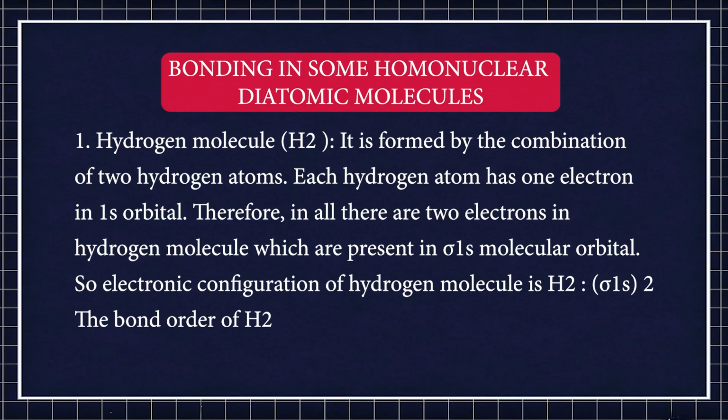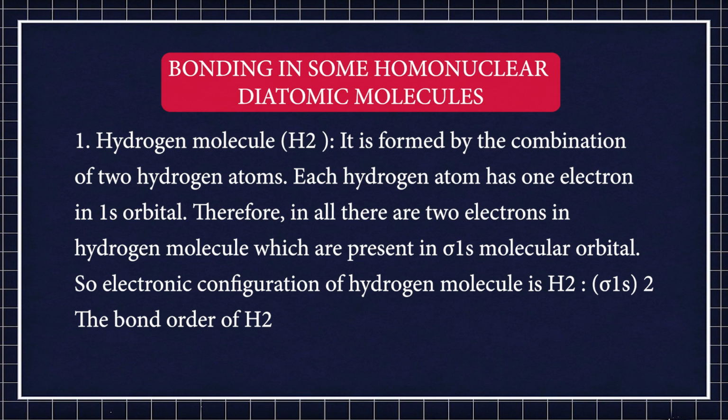Now let us come to bonding in some homonuclear diatomic molecules. In this section, we shall discuss bonding in some homonuclear diatomic molecules like H2, He2 and O2. Hydrogen molecule. Dear children, it is formed by the combination of two hydrogen atoms. Each hydrogen atom has one electron in the 1s orbital. Therefore, in all there are two electrons in the hydrogen molecule, which are present in the σ1s molecular orbital.